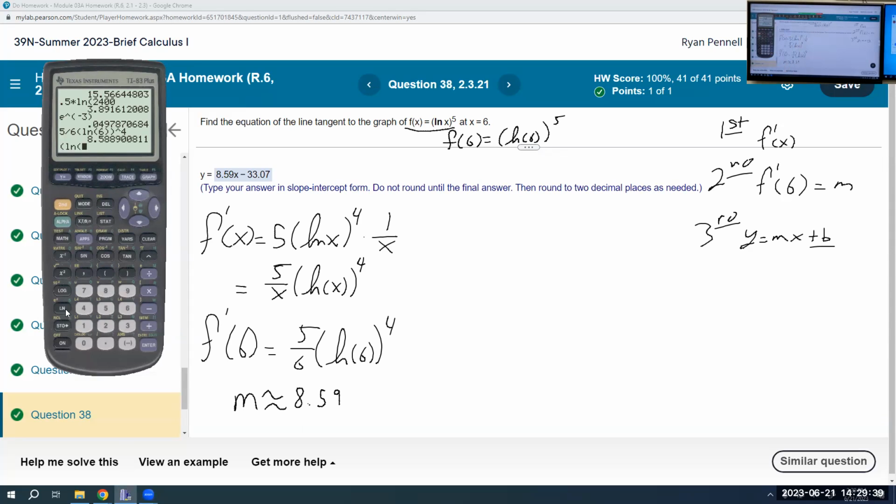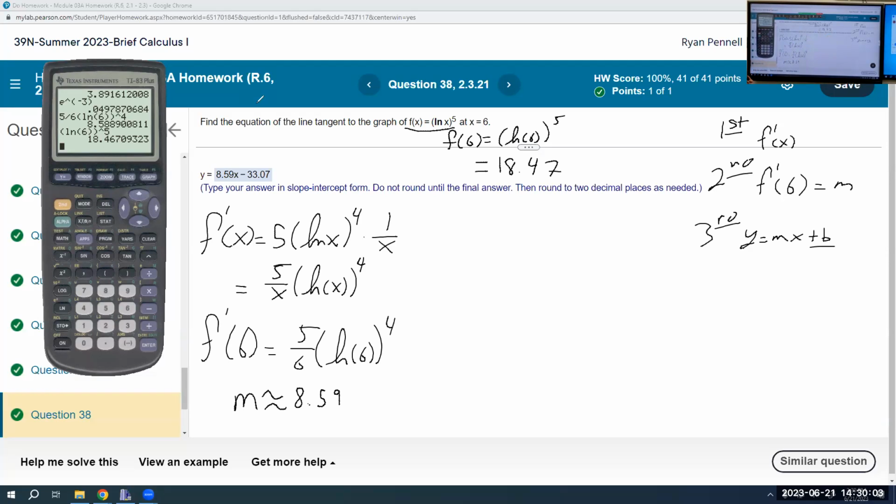It is ln 6 to the 5th. It's like 18 something. 18.47. They told me not to round in intermediate steps. You know how it is.